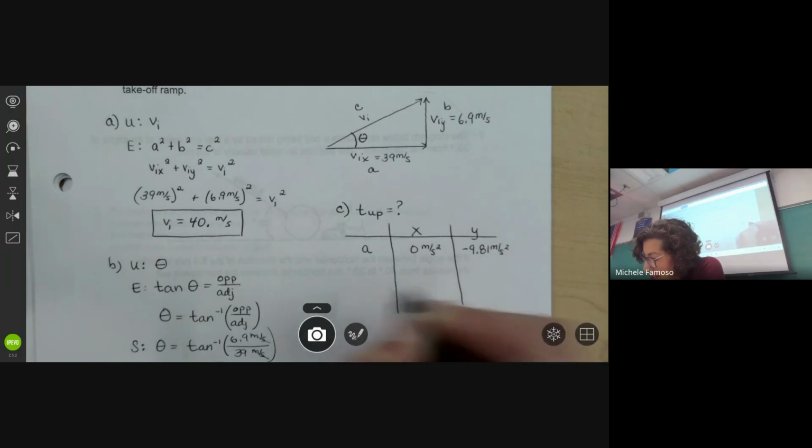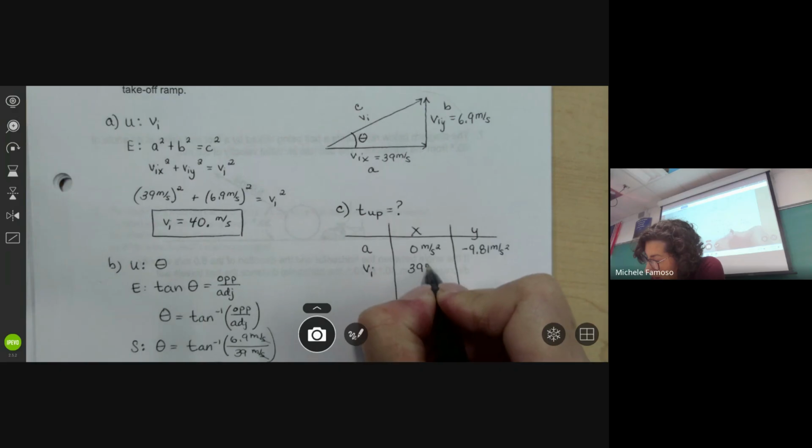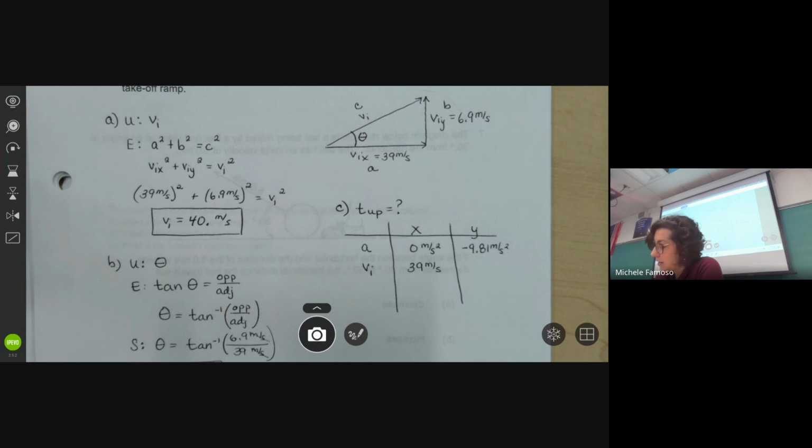Good. Now, we also know our VI values. Devin, what is VI in the X direction? Good. And Sydney, what is it in the Y direction?